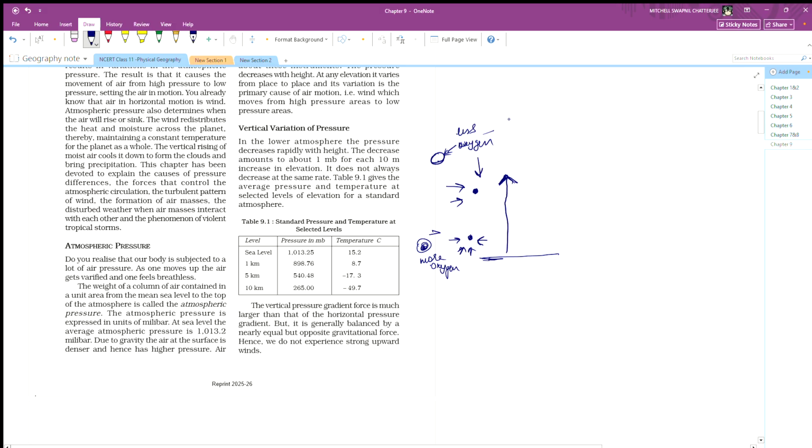Hence, when we go to higher altitudes, getting dizziness is very common, especially if our body doesn't get adapted to high altitude places.